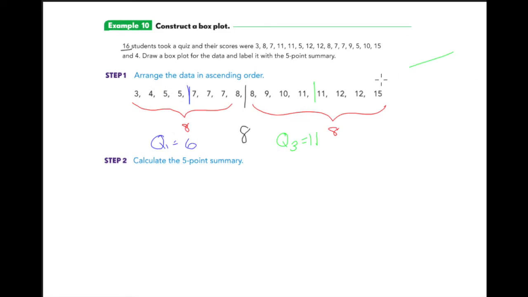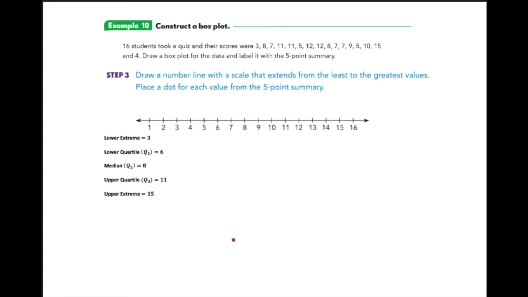Quartile 2 was 8, and quartile 1 was 6. And then our 2 extremes, to find our 2 extremes, we just look at the first and last numbers. Our lower extreme was 3, and our upper extreme was 15. Once we identify our 5-point summary, we then create a number line that extends from the lower extreme to the upper extreme.